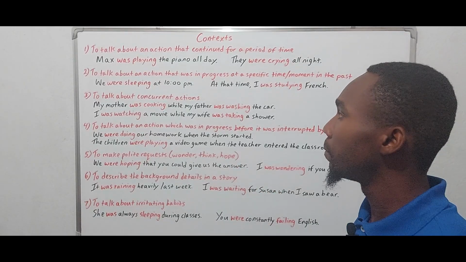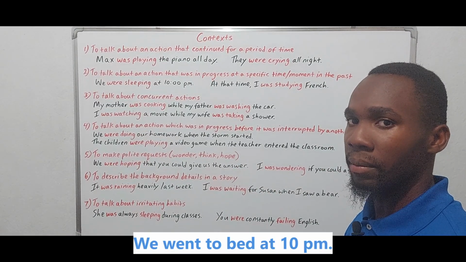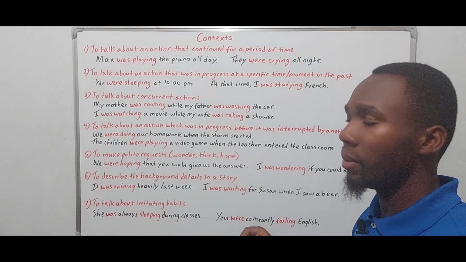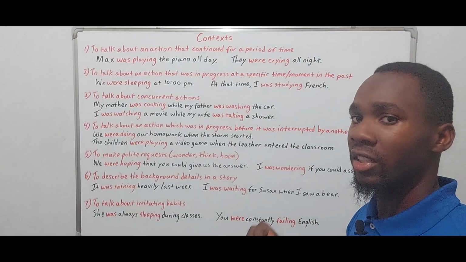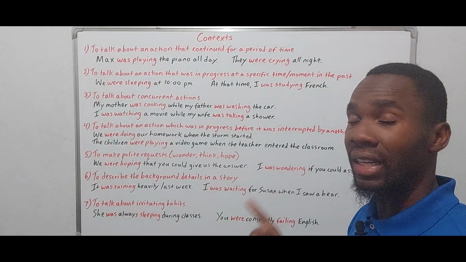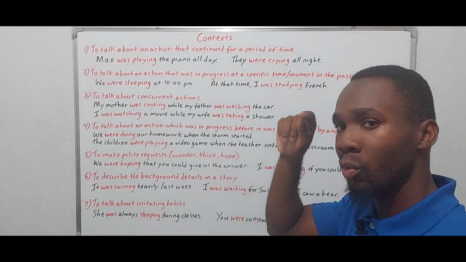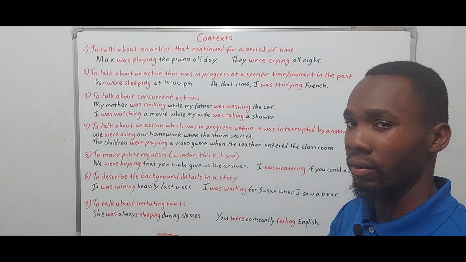For example, we went to bed at 10 p.m. Now we use the past simple there because 10 p.m. represents a specific time, but it also represents a single isolated action. So at that very moment, this is what I did rather than what I was doing.